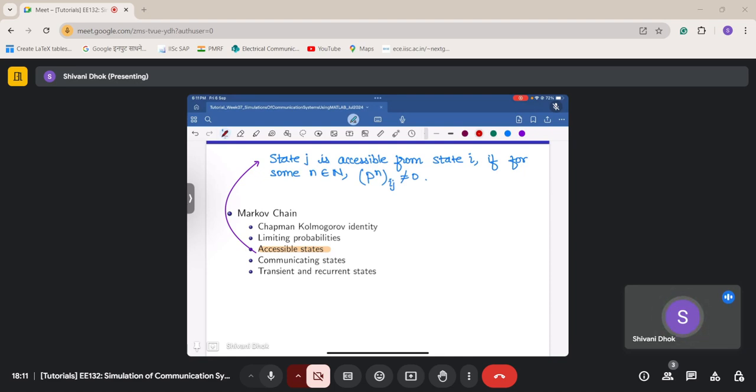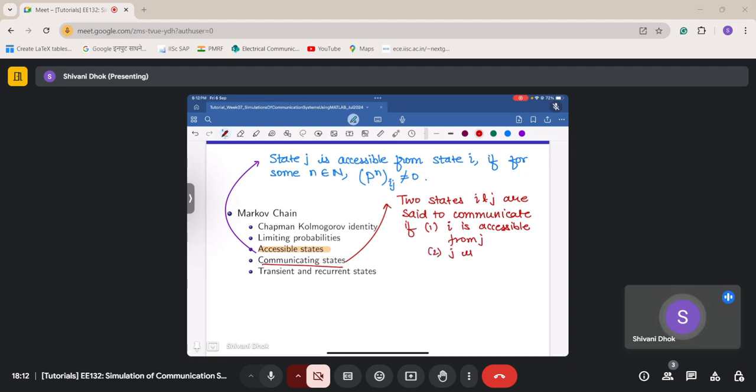The next concept that we saw was communicating states. Two states i and j are said to communicate if state i is accessible from j, and state j is accessible from state i.